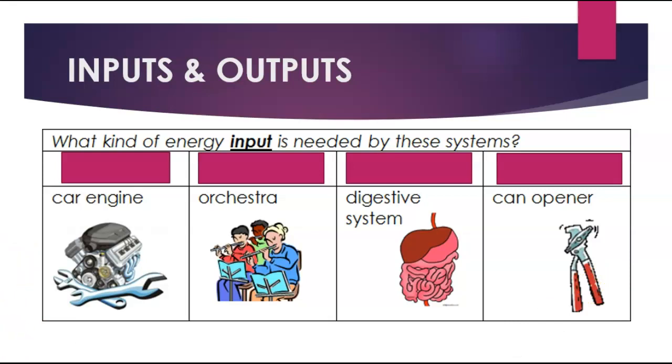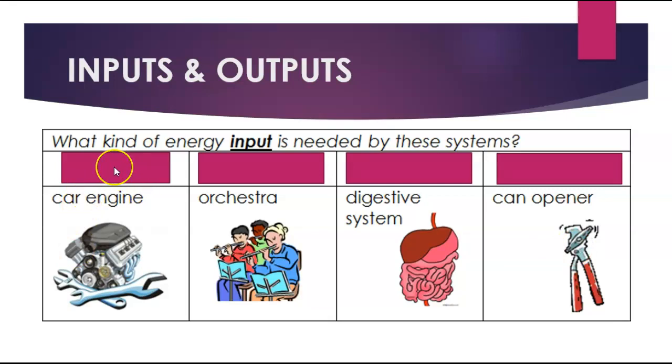Write down some examples of each one of what would be needed to be added to the car or car engine to get that car to work. What would be needed for the orchestra to be able to play their music? What would we put in to make the digestive system work? And what needs to go into the can opener?